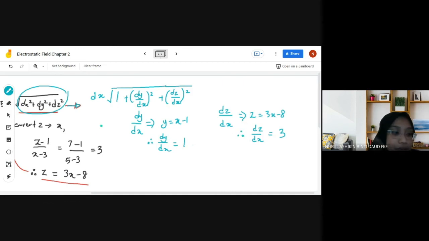So we can include this inside here and this inside here.